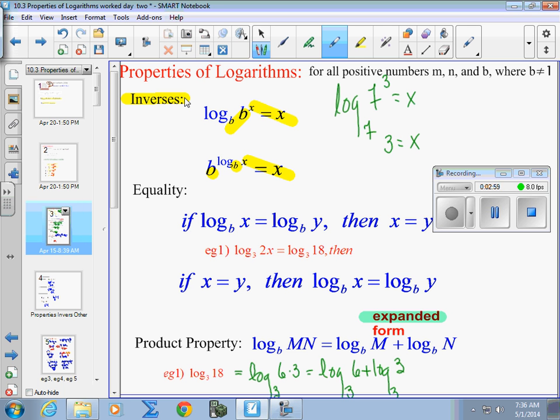Maybe you have 2 raised to a logarithm of the same base, so this base would have to be 2 as well. Then if you have 4 here, x is equal to 4. Because these are the same, the whole thing is equal to 4.